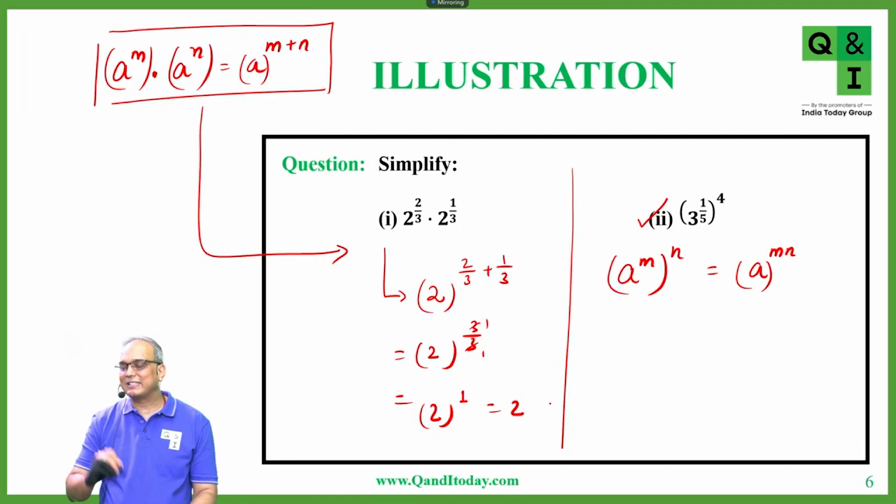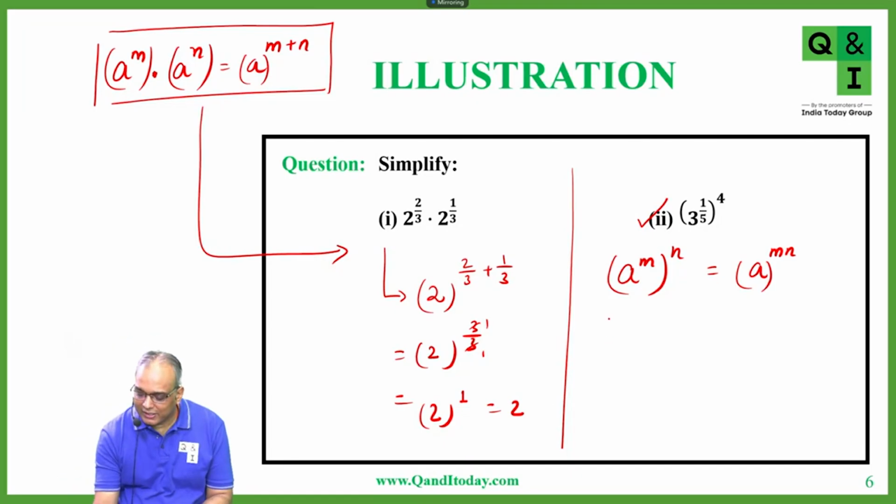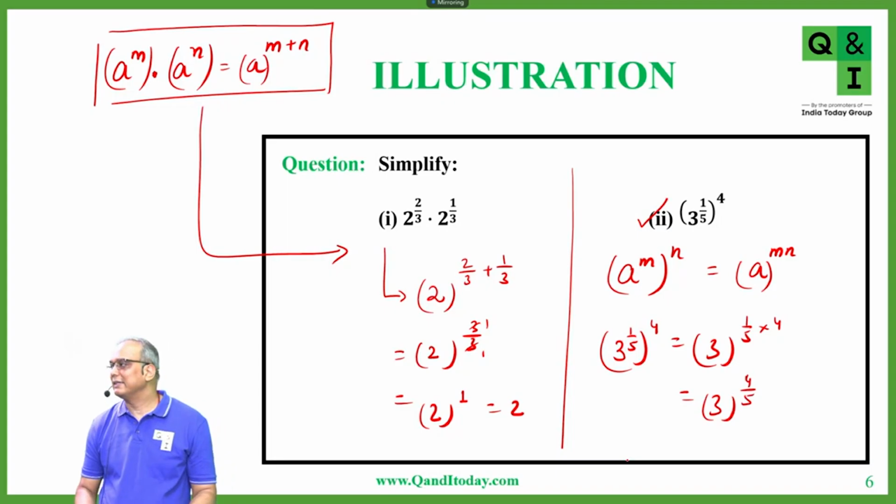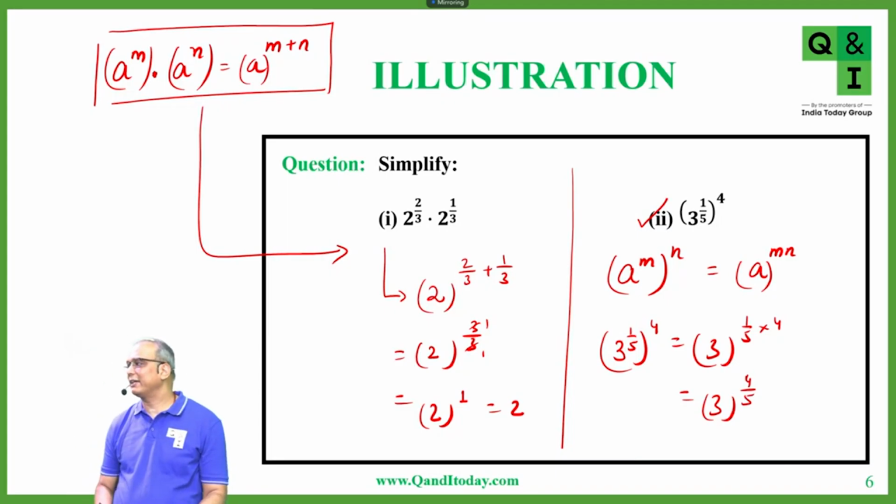The powers get multiplied. So here in this case, 3 raised to the power 1 by 5, raised to the power 4, will be 3 raised to the power 1 by 5 into 4, which is equal to 3 raised to the power 4 by 5. Is it clear? Yes, Anna, it will get multiplied. Yes, correct.